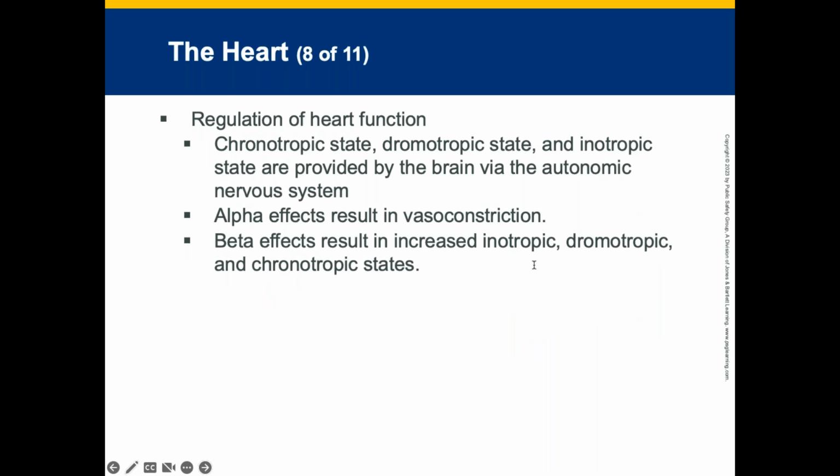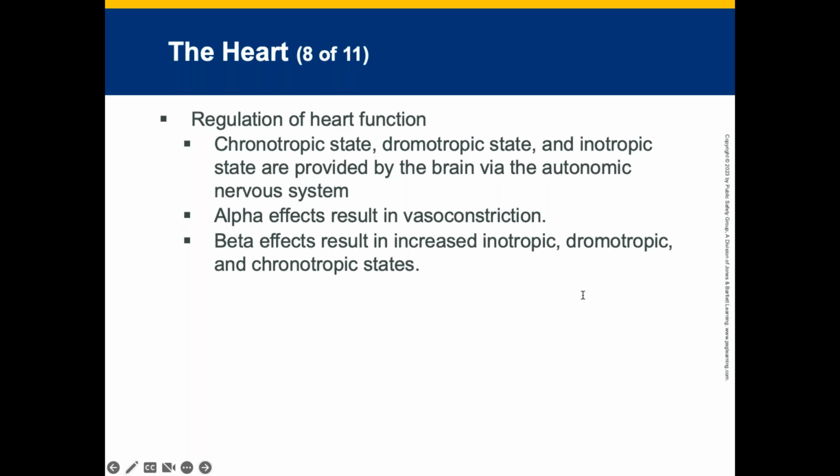So the heart's chronotropic state, dromotropic state, and inotropic state are provided by the brain via the autonomic nervous system. Right? The baroreceptors respond to change in pressure, usually within the heart or the main arteries. The chemoreceptors sense change in chemical composition of the blood.